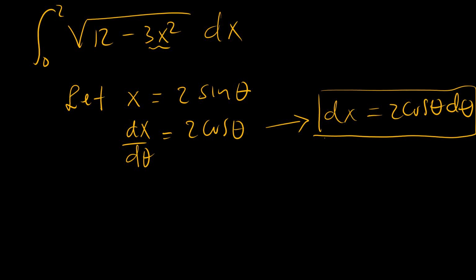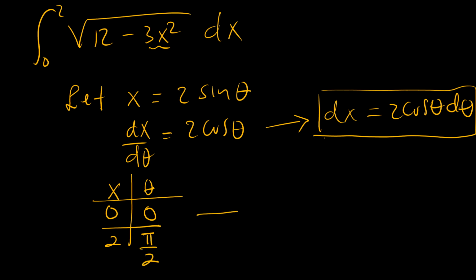And so also looking at the limits, so we have x and we have theta. When x equals 0, 0 divided by 2 is 0. The arc sine of 0 is 0. When x equals 2, 2 divided by 2 is 1. The arc sine of 1 is pi over 2.